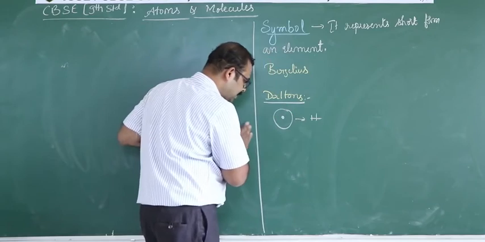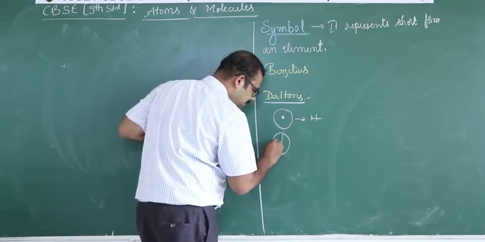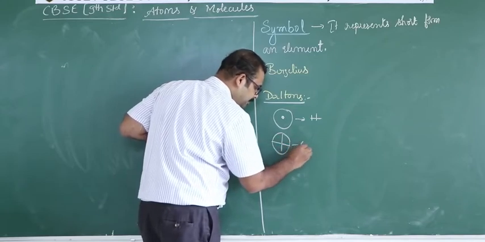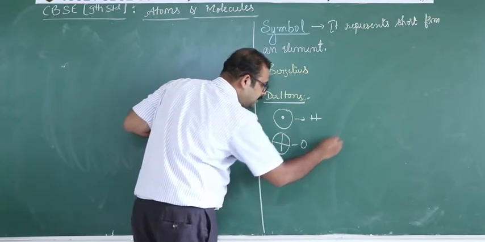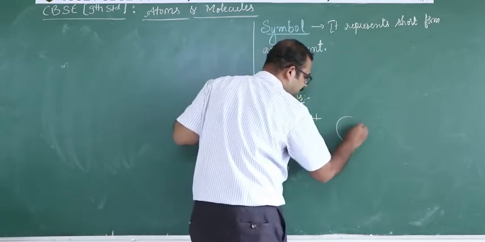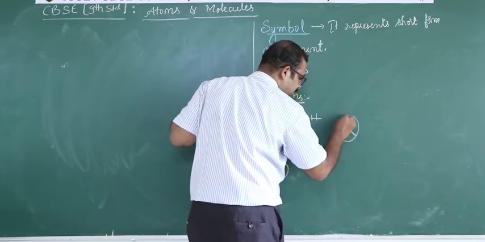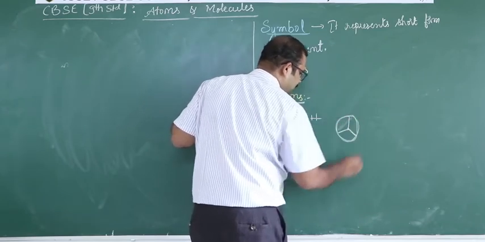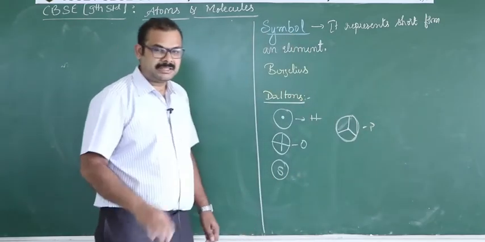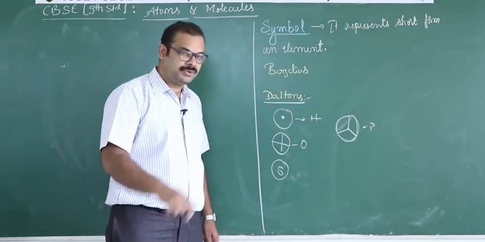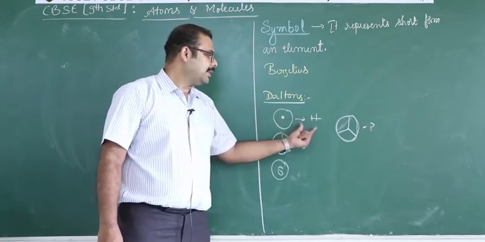Then this is oxygen, and this is sulfur, and some more, phosphorus, like this structure. Like that, there are different methods. He used different symbols to remember a particular atom.